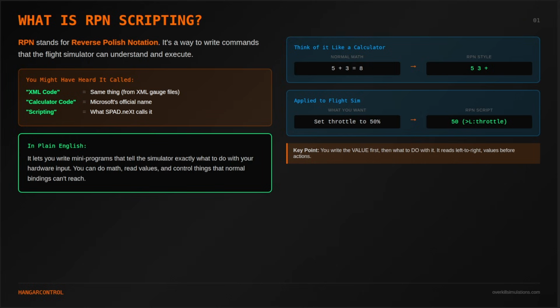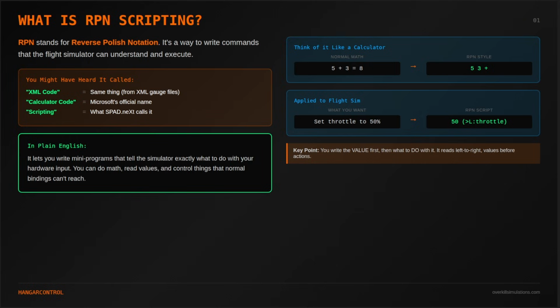Here's the simple version. It lets you write mini programs, essentially, that tell the simulator exactly what to do with your hardware endpoint. In normal math, you'd write 5 plus 3 equals 8. In RPN, you write the numbers first, then the operation. So 5, 3, plus.